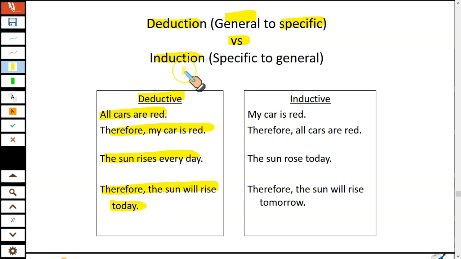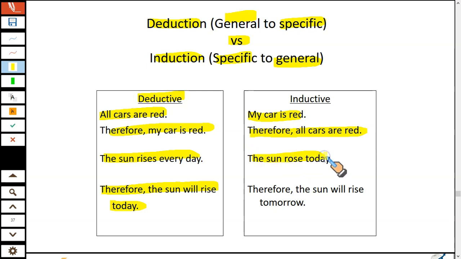In induction, we do the opposite. We use specific observations to form a general conclusion. So basically it starts from individual cases to make a broader generalization. Like, my car is red, a specific observation. So the general conclusion is therefore all cars are red, which may or may not be true.